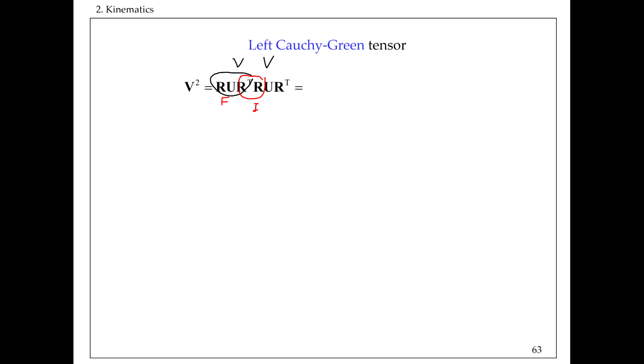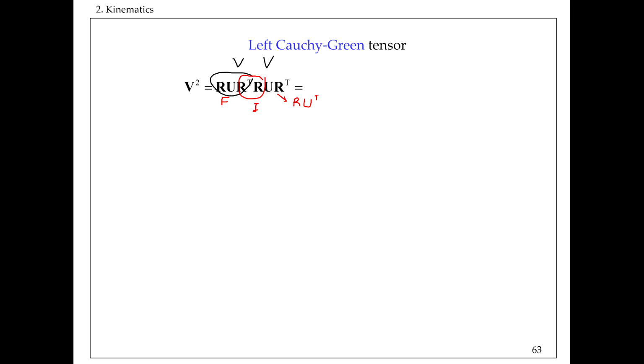So we need to transform this UR into something that looks like RU. One way to do that is to transpose it. So we apply transposition on this UR, and that will actually be RU transpose, right?